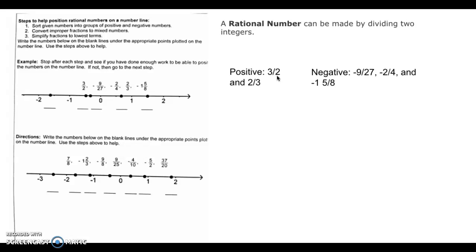We turn that into a mixed number by dividing the numerator by the denominator, and we get 1 with a remainder of 1. But we can't leave it like that. Remember, our 1 becomes our whole number, the remainder becomes our numerator, and the divisor is our denominator. So 3/2 is really 1 1/2.